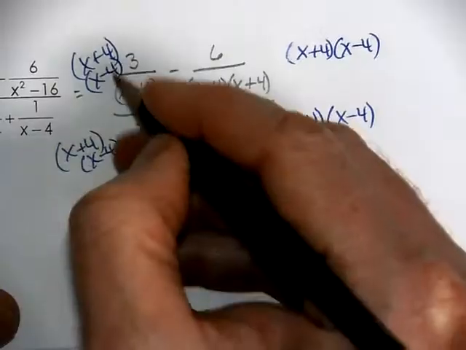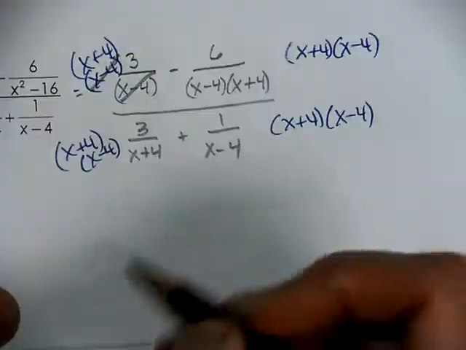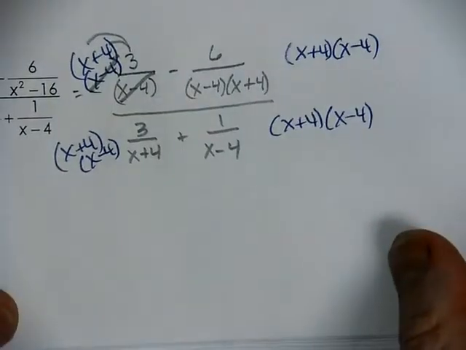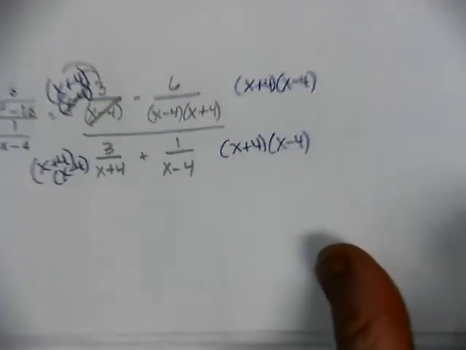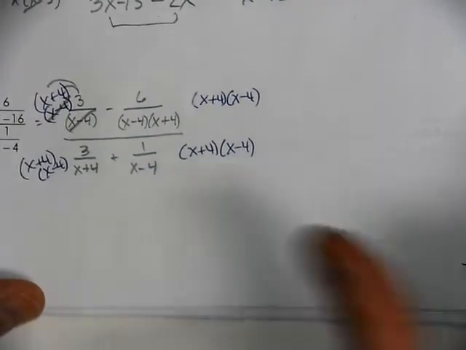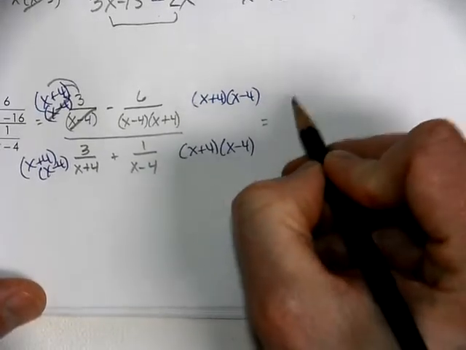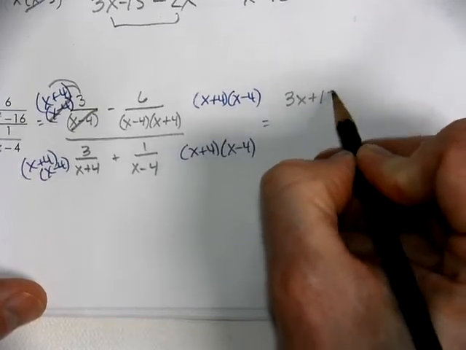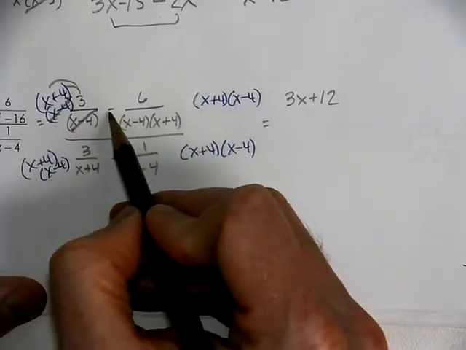So in this case, the x minus 4's would cross off, and you'd be left with 3x minus 12. You have to distribute that through. 3x plus 12. Sorry if I said minus.